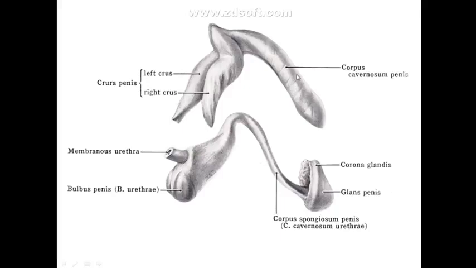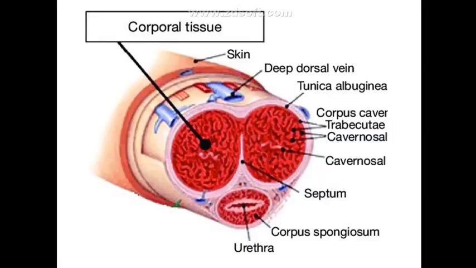You can see that the corpora cavernosa are two, and each of them is an extension from the crus, and they are closely attached to each other. Both of these corpora cavernosa are related inferiorly to the corpus spongiosum, and I think this is a very clear figure for that. This is the free part of the penis, the body of the penis.